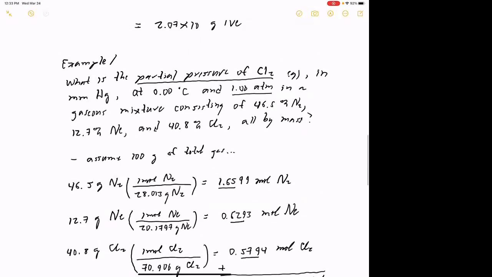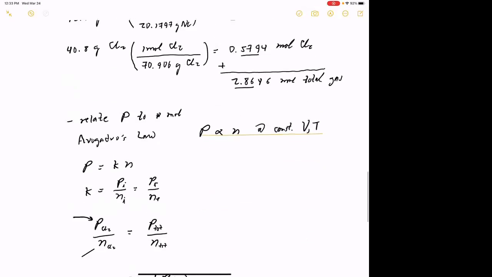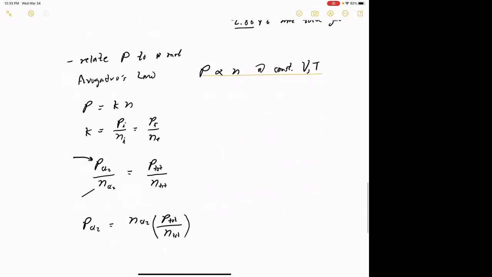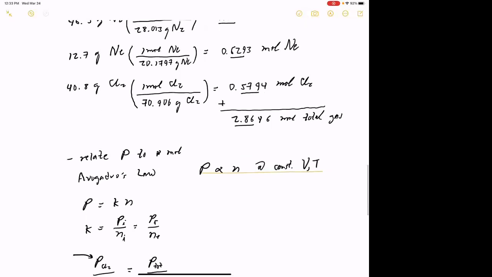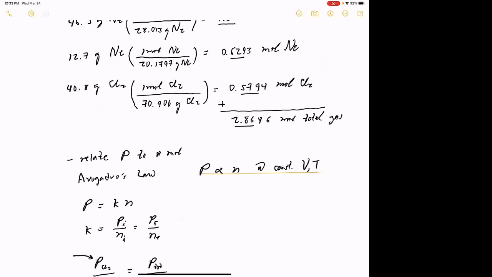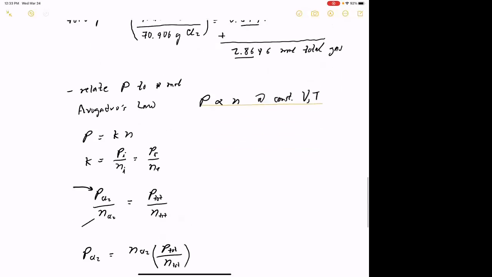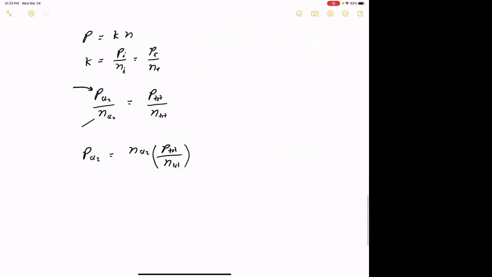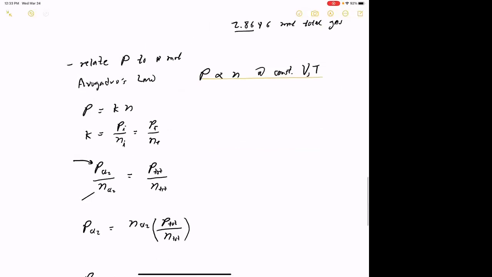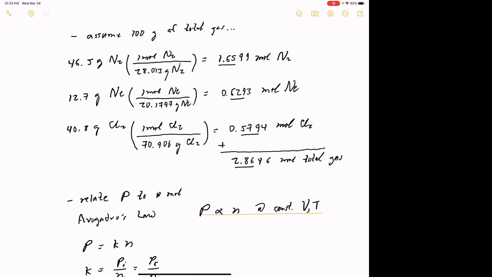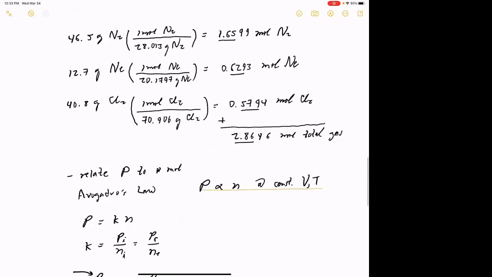Yeah, that's given in the problem. That's 1 atmosphere. Okay, do I have the total number of moles? Oh yeah, I just figured that out a minute ago. Okay, so we have everything we need. So let's go ahead and plug everything into the equation here. Number of moles of Cl2, let's go back up and look. That is 0.5794.